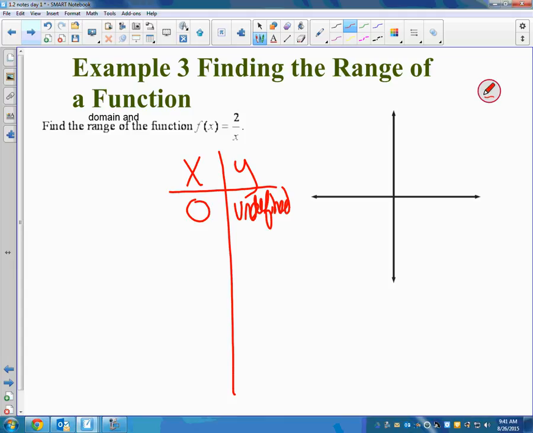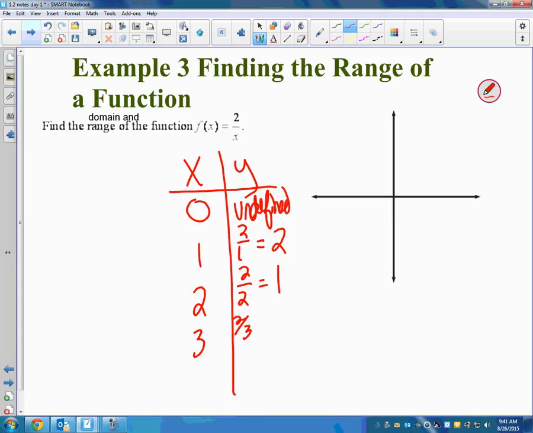Really, really important later when we come back to our domain, that's undefined when we plug that in. So which means when we plug in 0, we get nothing. If I plug in 1, I get 2 over 1, which is 2. If I plug in 2, I get 2 over 2, which is 1. I can just keep picking here. 2 over 3.